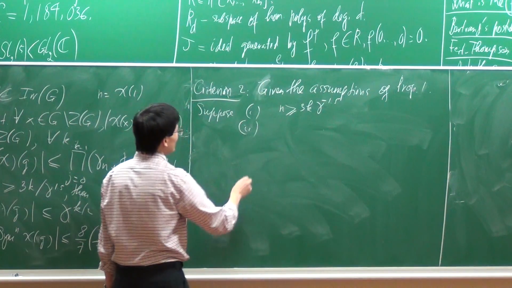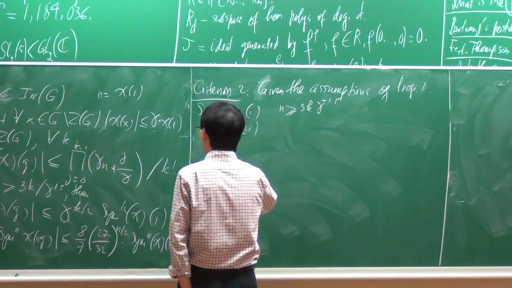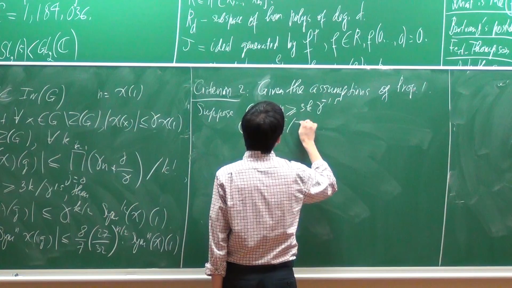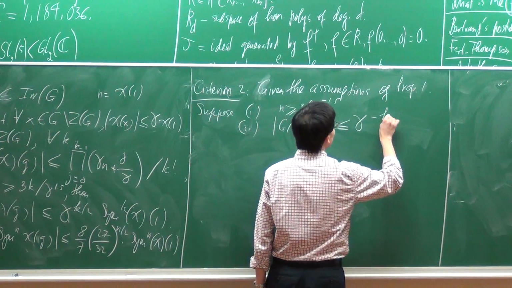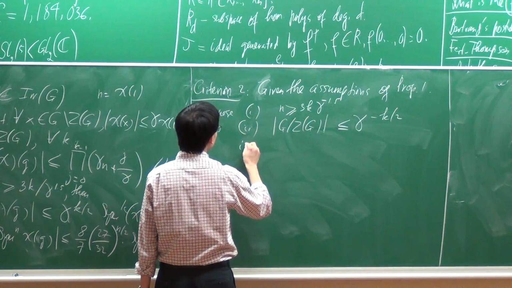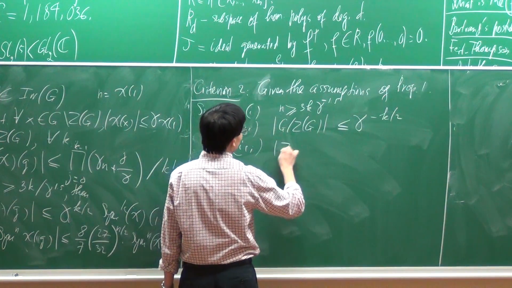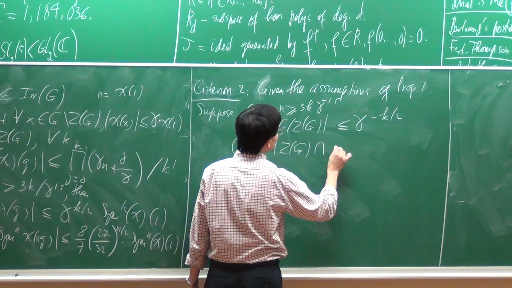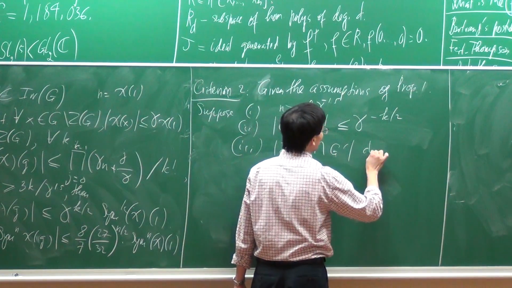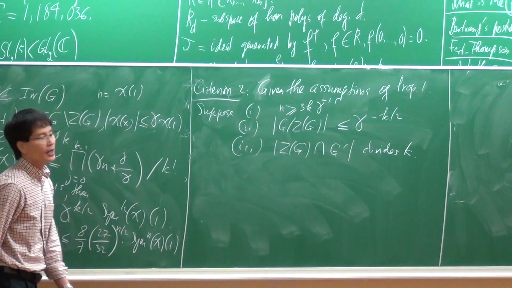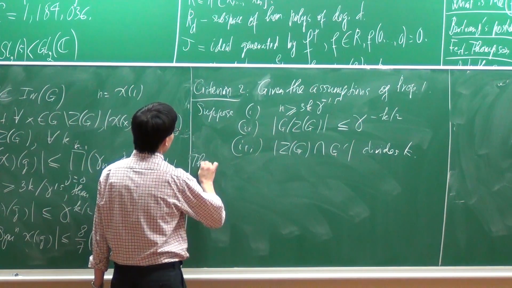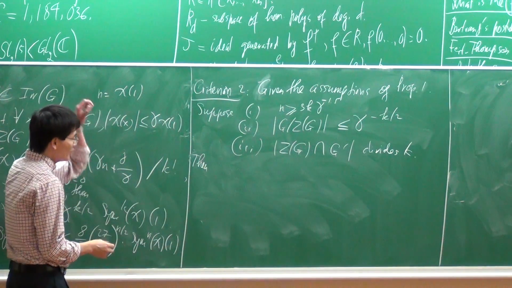And the second condition is the order of the center of G is at most gamma to the negative k over 2. And the third condition is the order of the center of G intersecting G prime divides k. Then you can show that you have a semi-invariant of degree k.